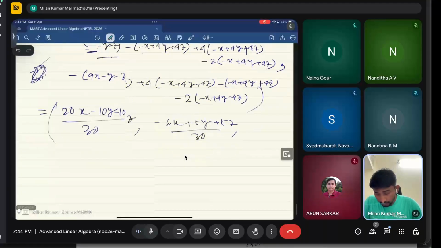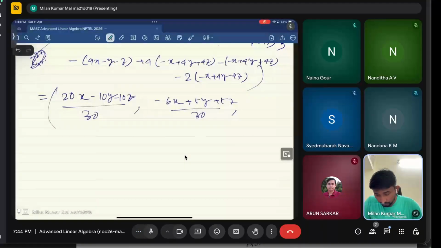So this will be equals to 4x minus 10y minus 10. Here it will be like 5y, 5z, and this will be 10. I think I have made a mistake.